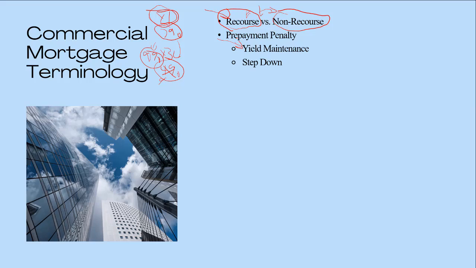I'm not going to go too deep into how yield maintenance is calculated, but basically the lender is expecting some kind of compounded rate of return, and depending on when you pay the loan off early, the yield maintenance will change the calculation and give that rate of return to the lender. So it's going to do a present value calculation on the remaining interest they would have earned. It's a little more complicated calculation.